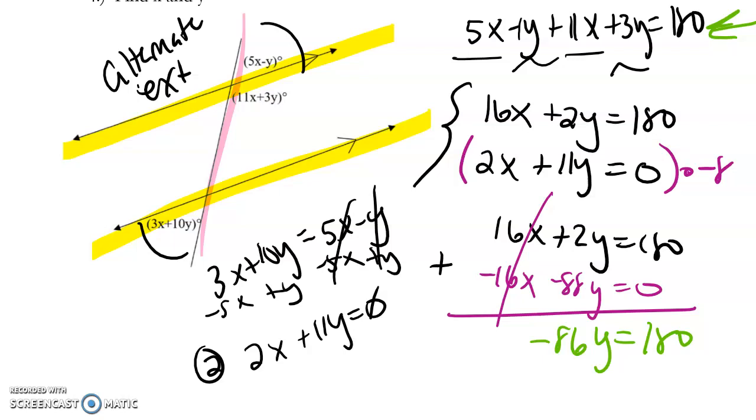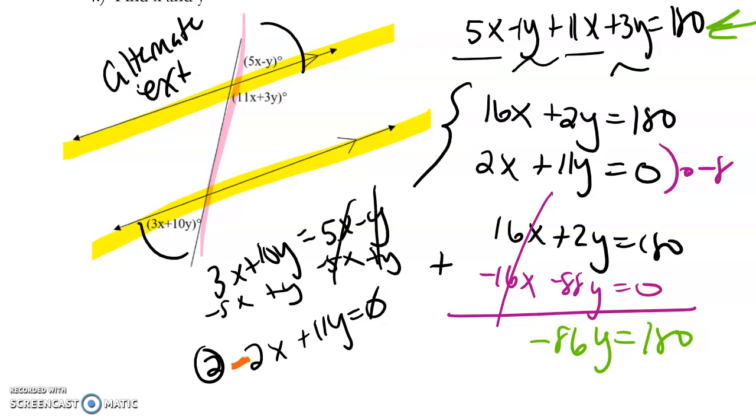I'm double checking my other equation. I had that 5x minus y was equal to 3x plus 10y. I moved everything to the left side. Okay, there's my error. My error is that 3x minus 5x is a negative 2x.